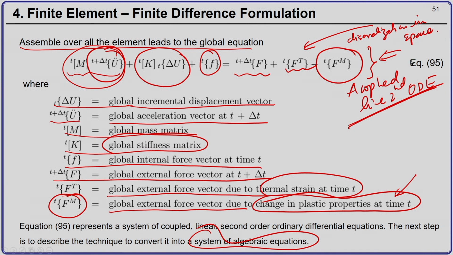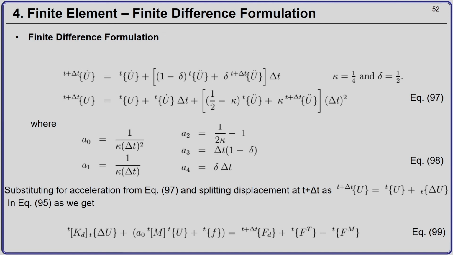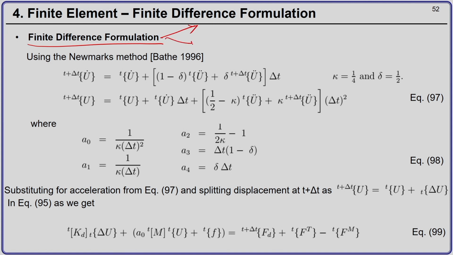So, you have completed your discretization in space. Now, you have to do the discretization in time, and for this you use what is called the finite difference in time. Just to note that you can either do a finite difference formulation in time, or you can also use a finite element formulation. Finite element formulation will give you what are called the energy momentum schemes.